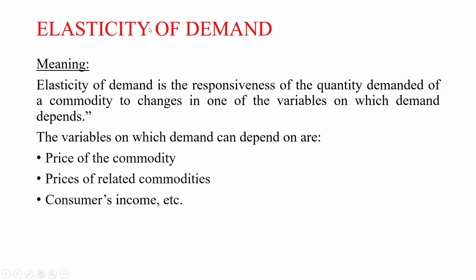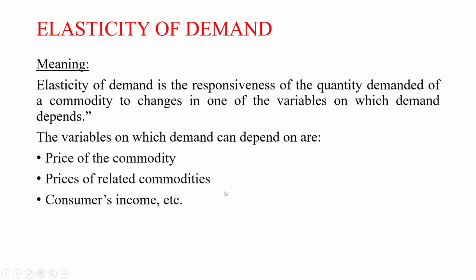In case of elasticity of demand, there is a responsiveness of the quantity demanded. Responsiveness of quantity demanded means how much the quantity has changed due to a change in a particular variable. There are three variables: the price of a commodity, the prices of related commodities, and the consumer's income.